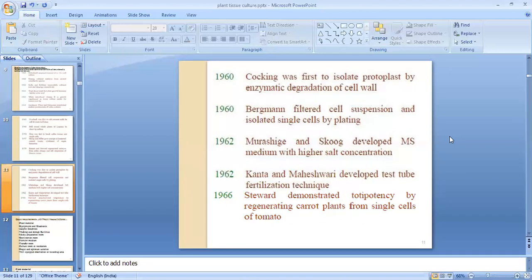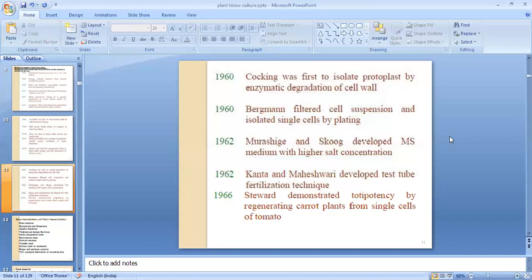What do you mean by totipotency? It is the ability of a single cell to regenerate into an intact whole plant when it is grown on a nutrient medium which supplies all the nutrients under controlled environmental conditions.